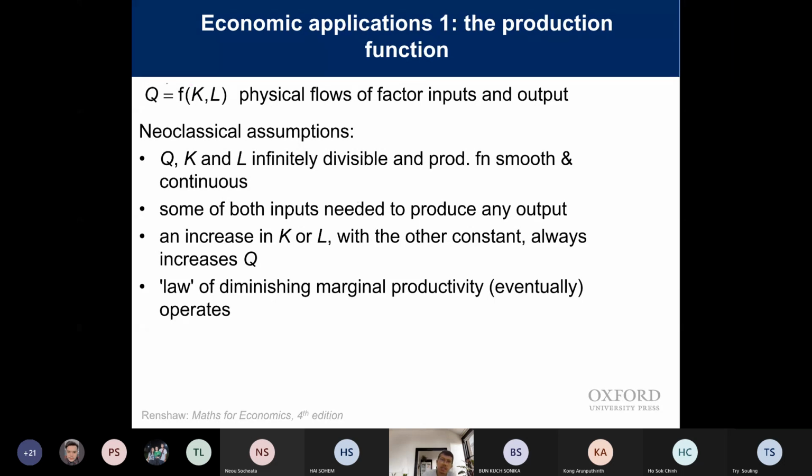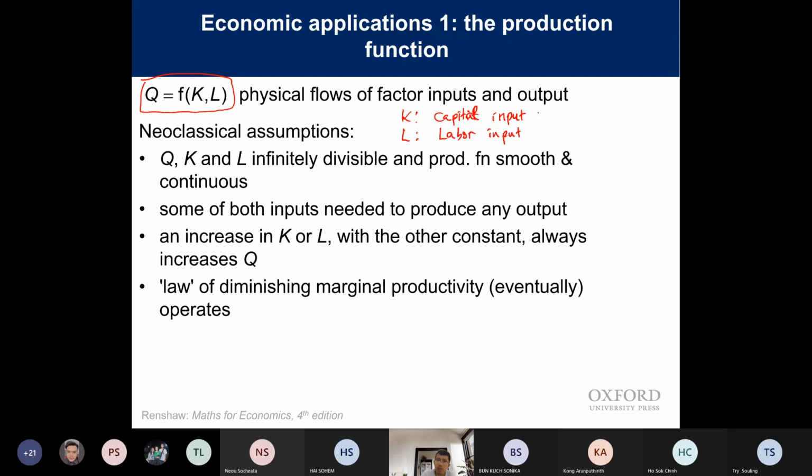Here, as you can see, we denote the production function as Q equal to F of K and L. K here is called the capital input, and L is the labor input.